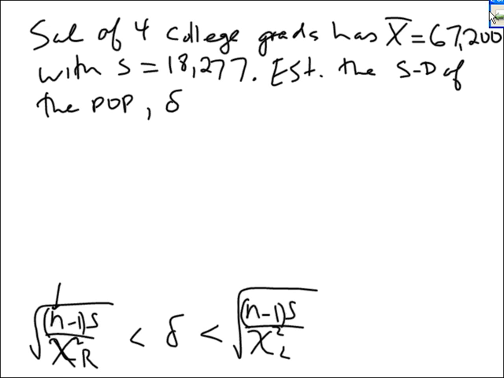Well, we know n, and we can easily take away 1, and we're given s. In this case, s is 18,277. What we don't know is the chi-squares.